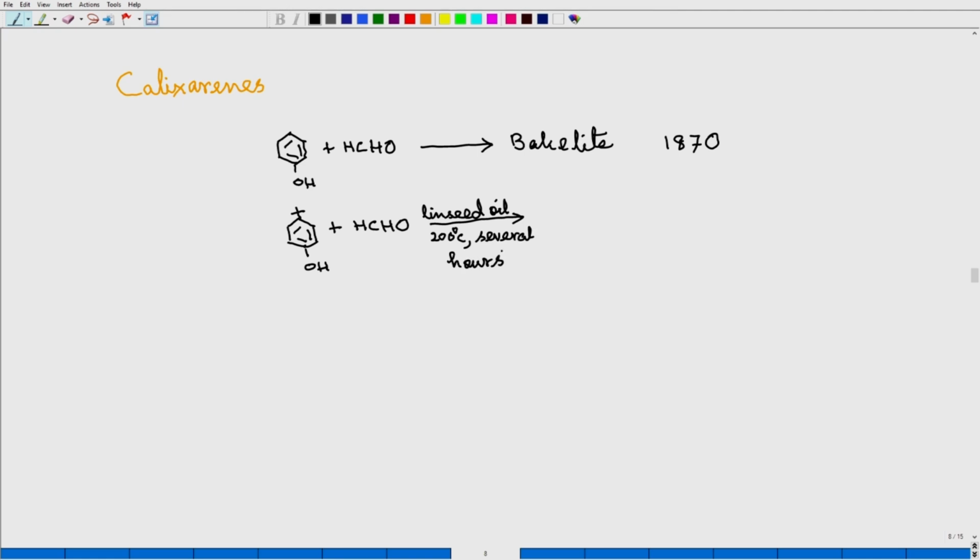If you reflux it, you get a mixture of products that turned out to be very different from resinous bakelite, and it turned out that this mixture of products is nothing but a mixture of calixarenes.